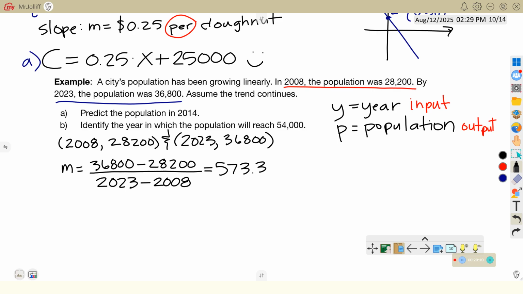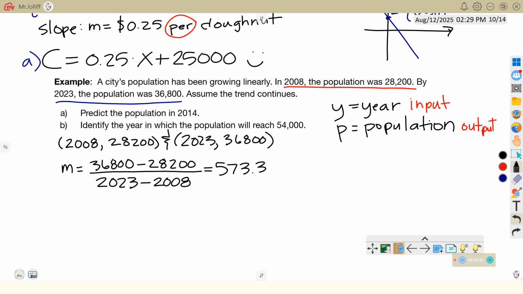What do I find next? Alex, what do I find next? It should be in that step list at the top of the page. Find the slope, find the y-intercept. Perfect. Gold star.